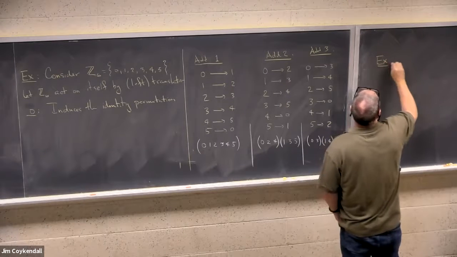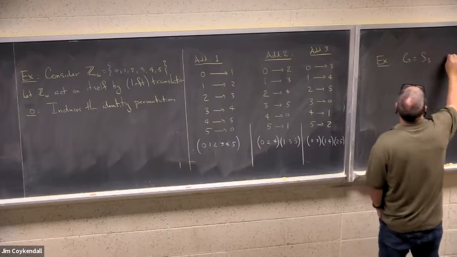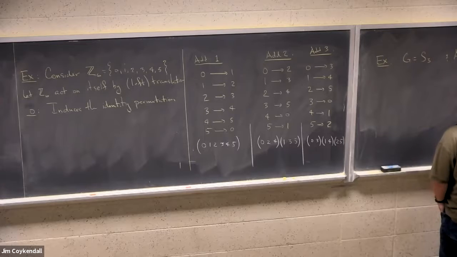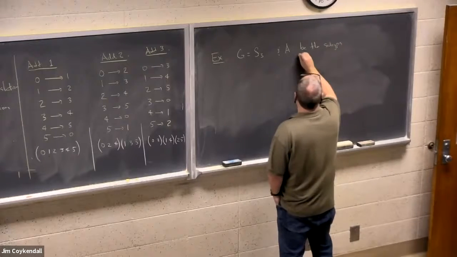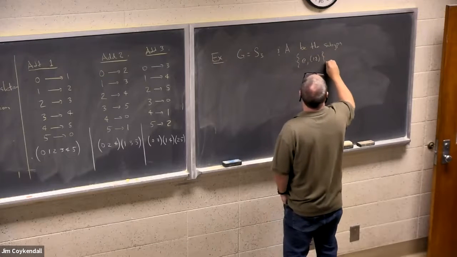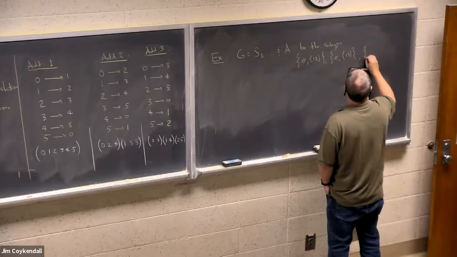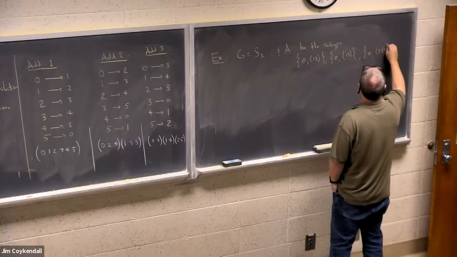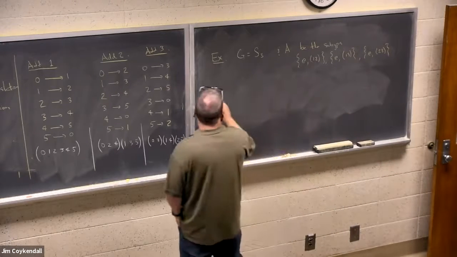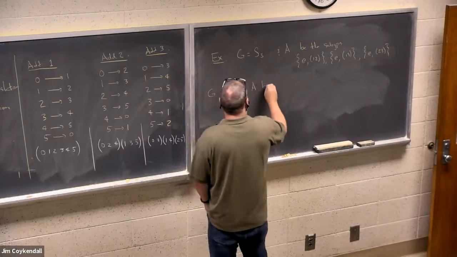Example. Let G equal S3 and A be the subgroups, and we'll say that G acts on A by conjugation.